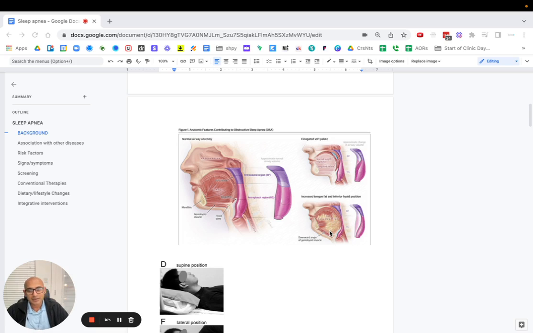One thing to point out is weight gain can definitely contribute to sleep apnea. And even if you don't tend to carry a lot of weight in your face when you gain weight, you can get intramuscular fat accumulation, and it can occur in your tongue. And this added weight, particularly when you're lying supine, can definitely cause obstruction.